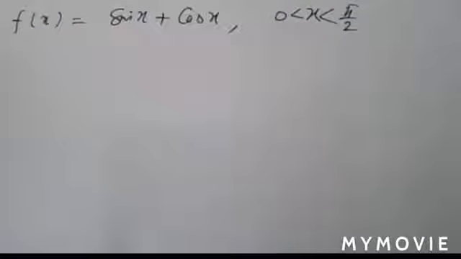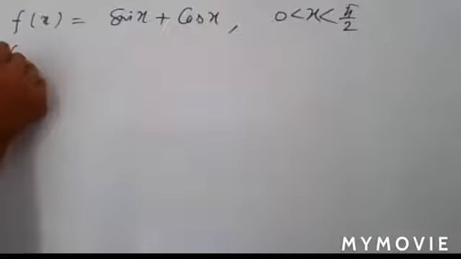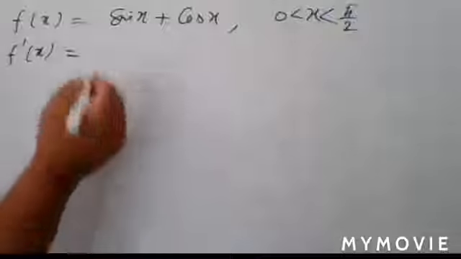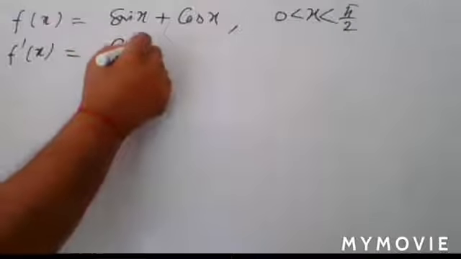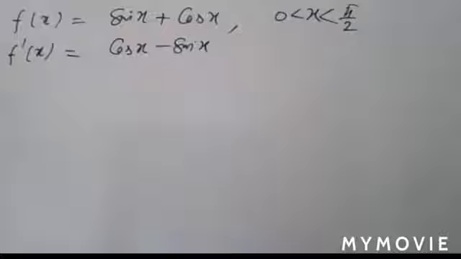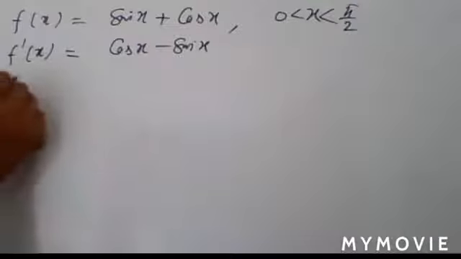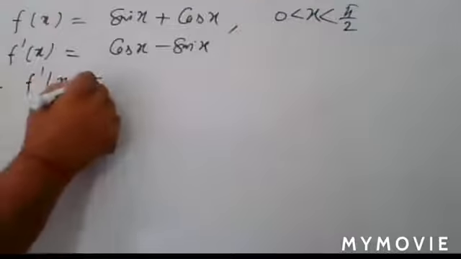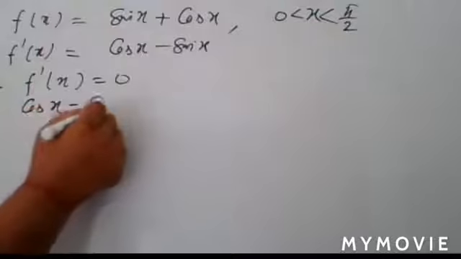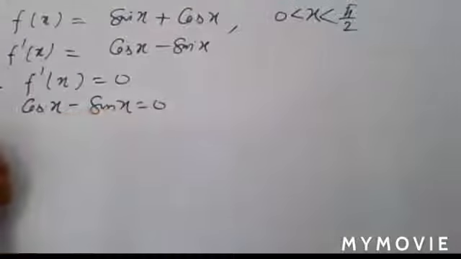Okay, so proceed. First of all, you take f dash x. The differentiation of sine x gives cos x, minus sine of x. Now taking f dash x is equal to 0, this implies cos x minus sine x is equal to 0.